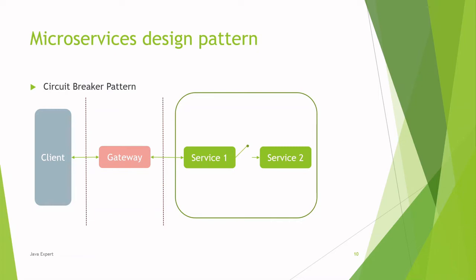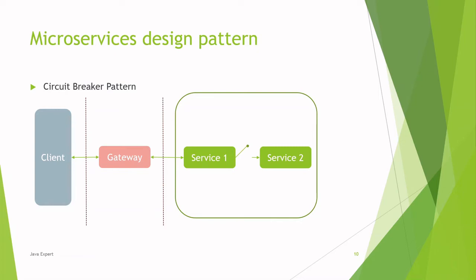Everything is based on the configuration only. If we are not getting any proper response from service 2, service 1 will open the circuit, which means the connection will be removed, disconnected from service 1 to service 2.